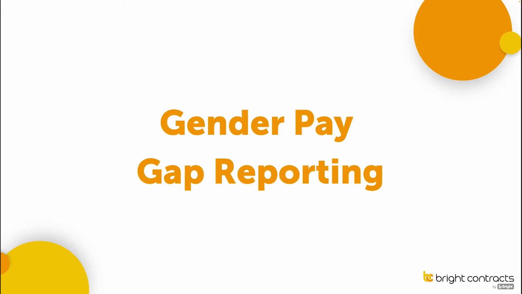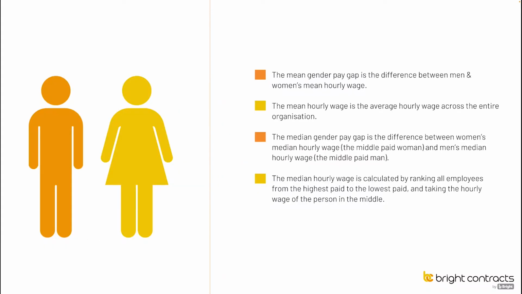So before we dive into the specifics of the gender pay gap reporting, I think it is important to note the difference between the mean pay gap and the median pay gap. So I'm going to go into discussing that firstly. So the mean gender pay gap is the difference between men and women's mean hourly wage, and the mean hourly wage is the average hourly wage across the entire organisation.